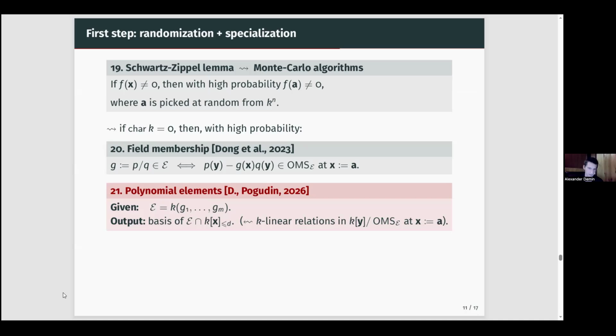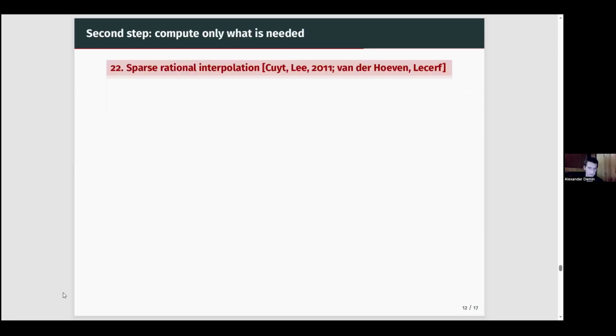Okay. So this is the first improvement that we can use. For this, we also do not need now to compute a Gröbner basis over rational function fields. We only need it over the field K. Okay, this is great.